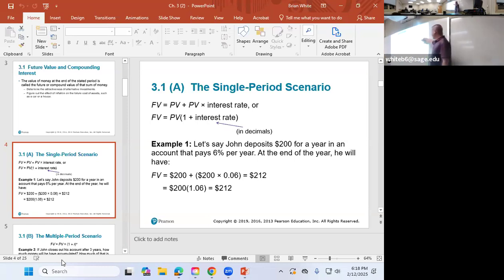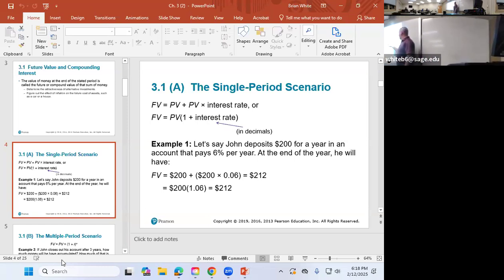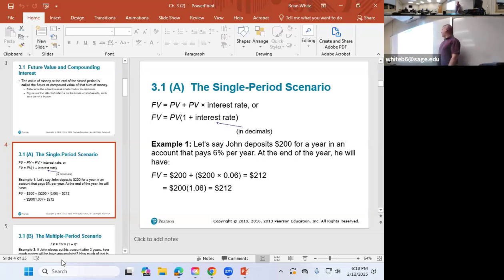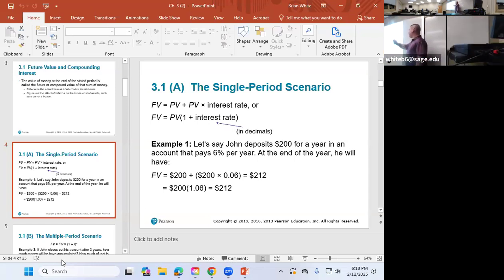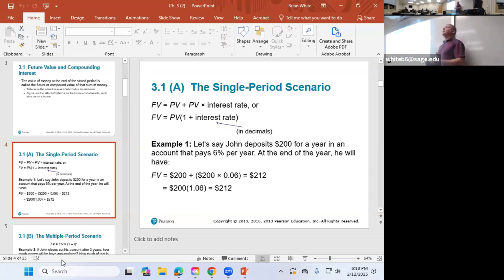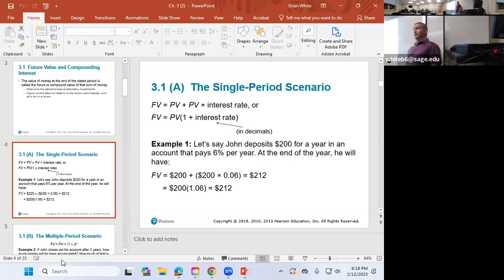So a single period means just that, it happens one time. Example, John deposits $200 for 1 year and it pays 6%. At the end of the year, what will he have? 200 times 1.06, 212 bucks. What will this grow to in year 2? Nothing, correct. Yep, one time.